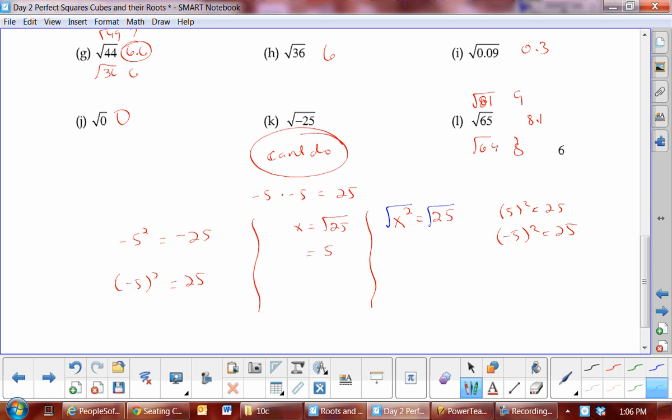Now, if you take the square root, do you see in this example here, are you taking the square root? No, that's the way the question was set up. You are algebraically doing that step. Whenever you algebraically do a square root, you must put a plus or minus in front, and then you will get x equals plus or minus 5.